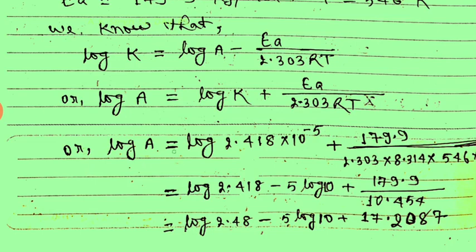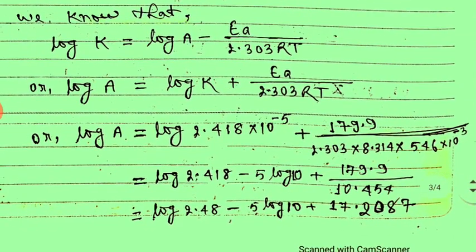Or log A is equal to log 2.418 into 10 to the power minus 5 plus 179.9 by 2.303 into 8.314 into 546 into 10 to the power minus 3.